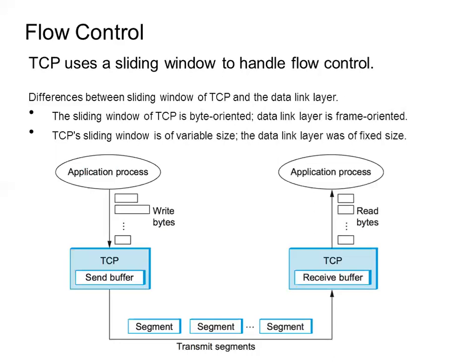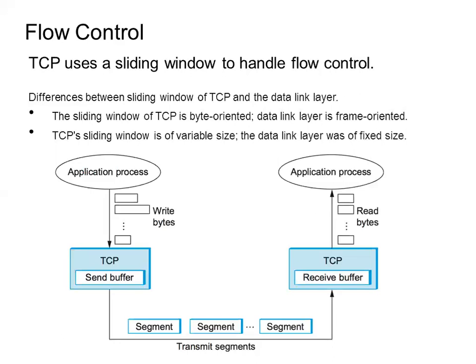Now, how TCP implements this flow control is, again, the same concept which was used in the data link layer, that is the concept of sliding window. Similar to the data link layer, here also TCP is going to use one imaginary window which is called a sliding window.